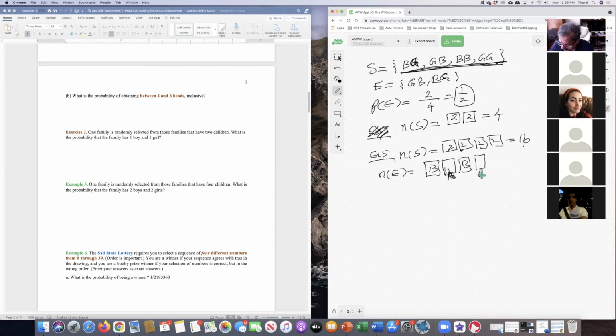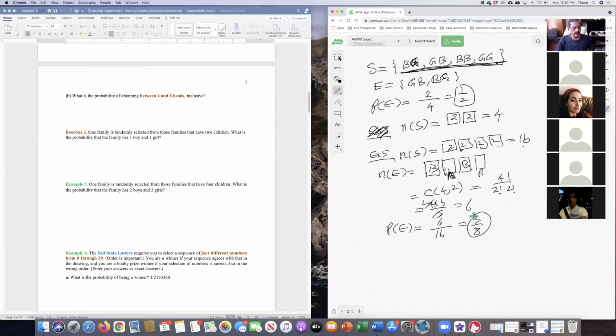But the simple way to count that is the number of ways of selecting 2 boxes from the 4, which is the same as C(4,2). And that's equal to 4 factorial over 2 factorial times 2 factorial. So 4 times 3 over 2, that is 6. So therefore, the probability for that is 6 over 16.